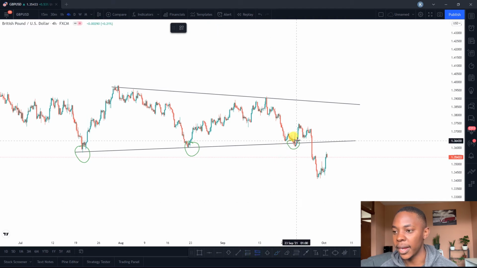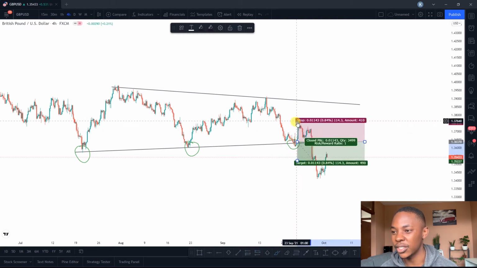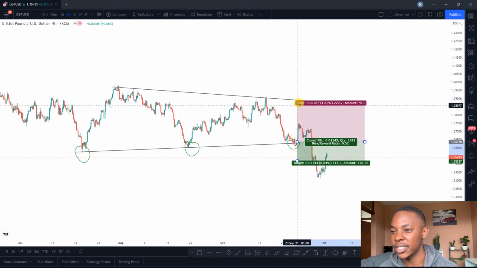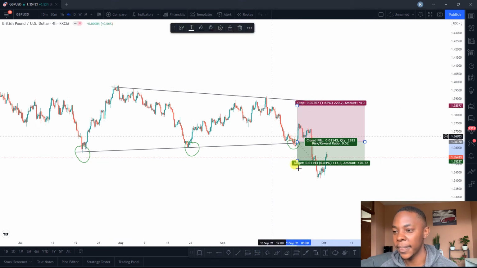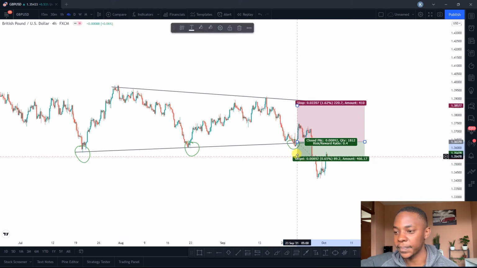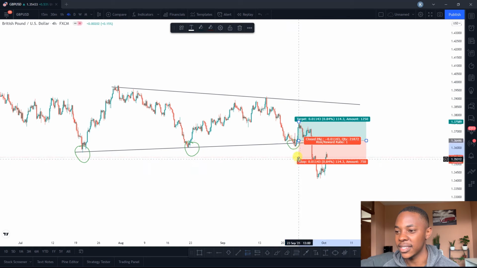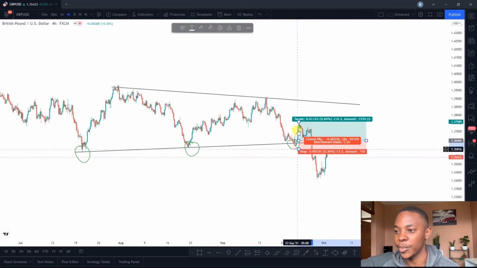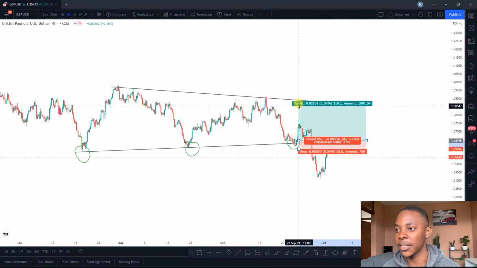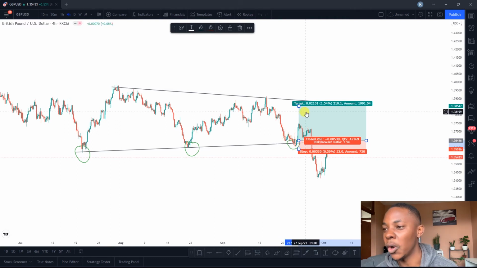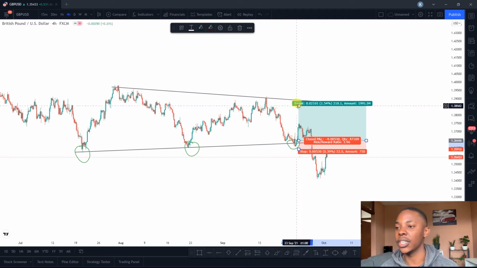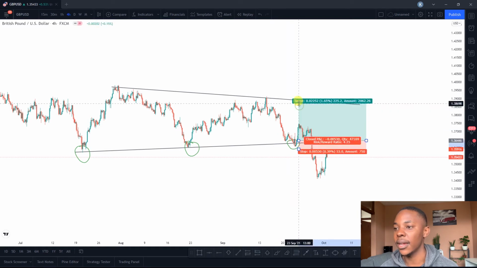This is where you look for buys, but that buy didn't actually play out to our resistance there. I'm sorry, this is wrong. This long, as you can see, our long position didn't actually reach the support. It actually reached the resistance. My mistake. It actually reached the resistance right there.